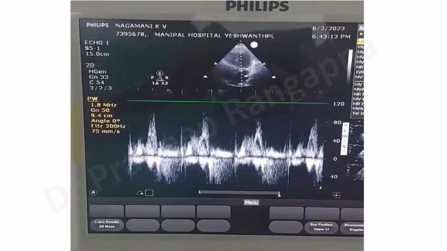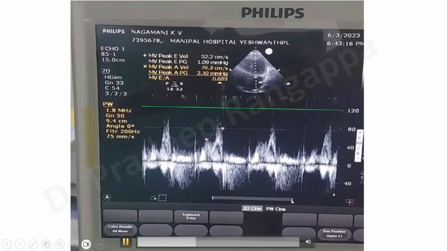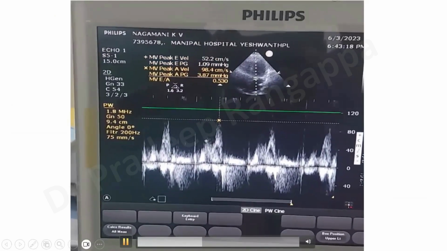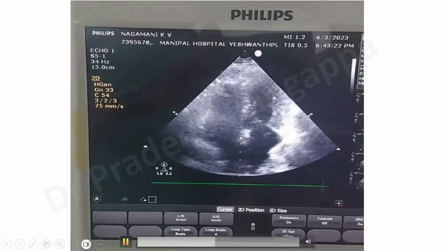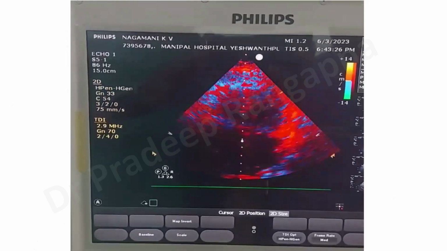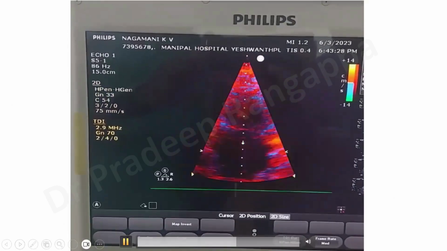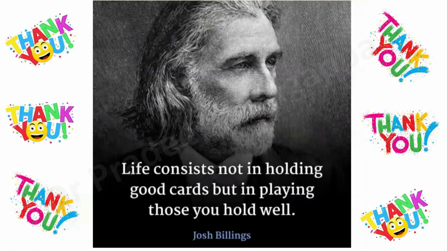So this is the E by A. I'll take you to the E prime. So this is the E prime, what you're doing. Okay, so you can see here, we just narrow the window a little bit.